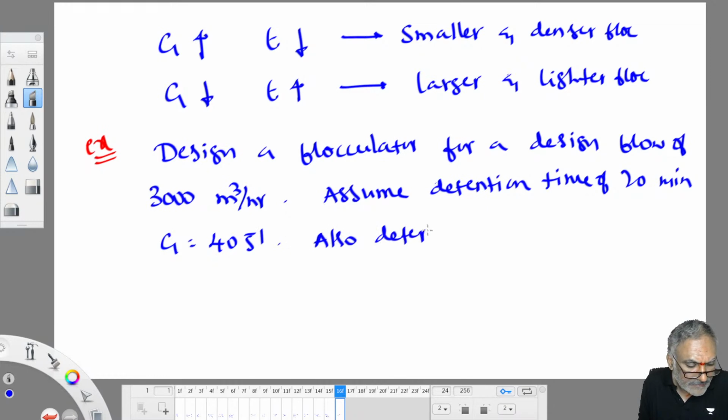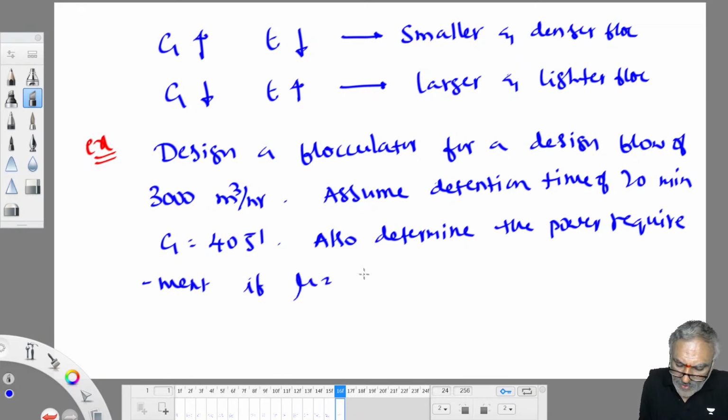Also determine the power requirement if mu is equal to 1.0087 into 10 power minus 3 Newton second per meter square.